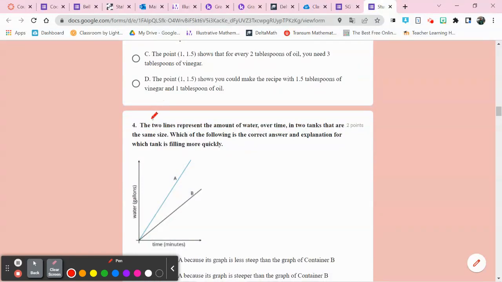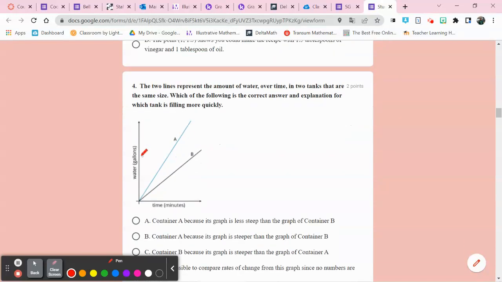Question 4. The 2 lines represent the amount of water over time in 2 tanks that are the same size. Which of the following is the correct answer and explanation for which tank is filling more quickly? So you've got water in gallons over the amount of time in minutes.